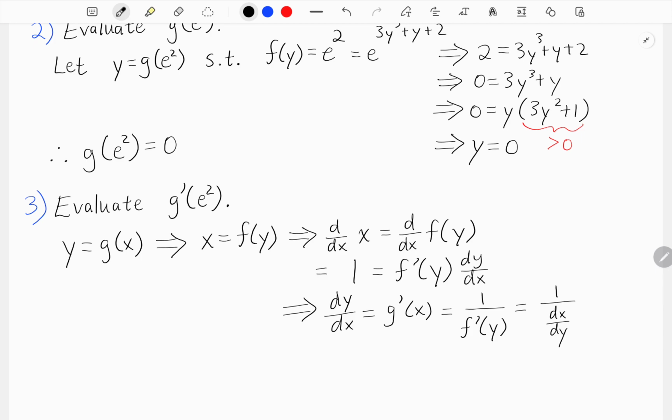Right here, dx over dy is f prime of y, if I'm differentiating with respect to y. Well, that just equals 1 over f prime of, well, what's y? Y is a function of x. So y is g of x. Okay, so that is just that derivation over here.